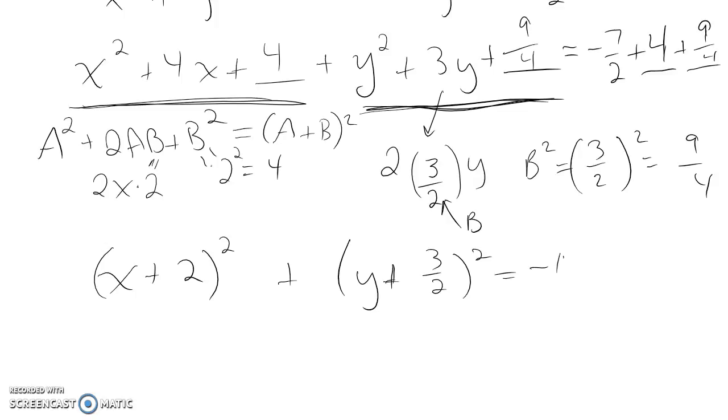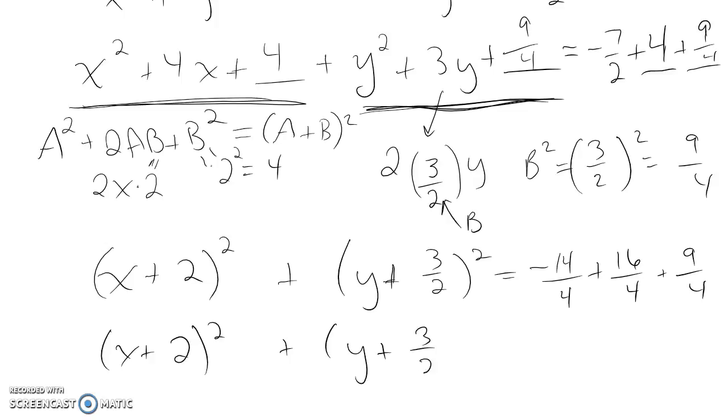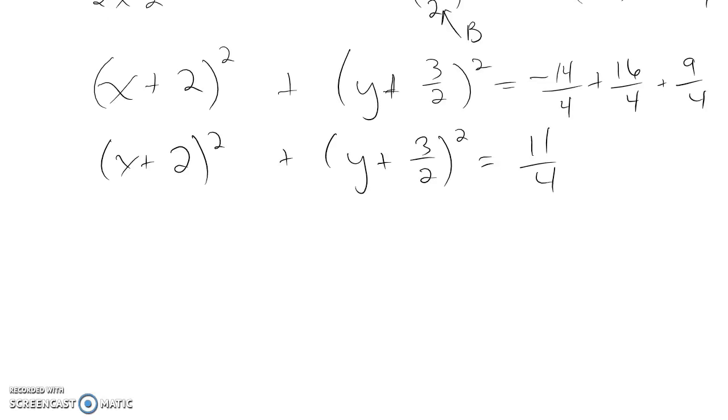They need a common denominator. We'll use 4. So -14/4 plus 16/4, which is 4 wholes, plus 9/4. So we have x plus 2 squared plus y plus 3 halves squared equals 16 minus 14 is 2 plus 9 is 11/4.